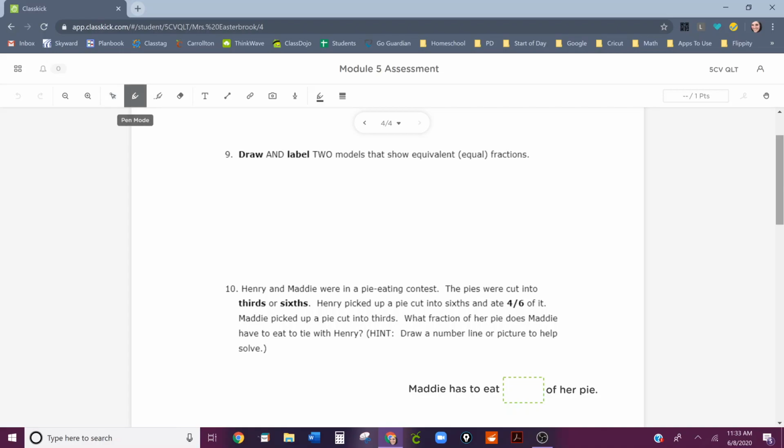So I'm just going to go ahead and do, and it can be shapes, it can be number lines, it can be number bonds, whatever you want it to be. I'm just going to have a rectangle and a triangle, and I'm going to break each of them into 2 equal pieces. This one's looking a little rough.